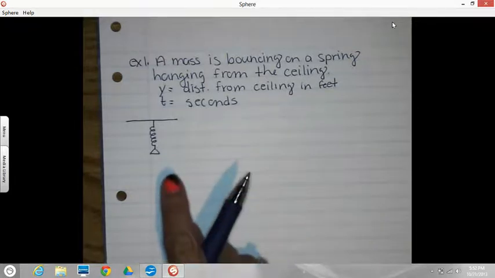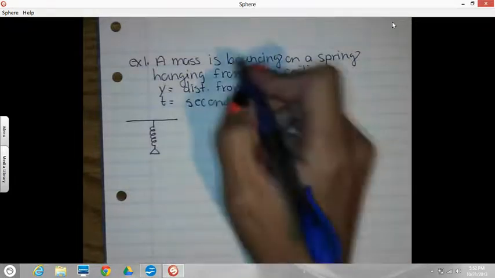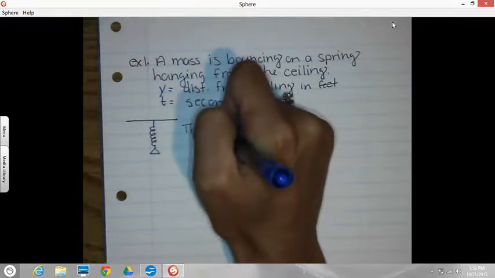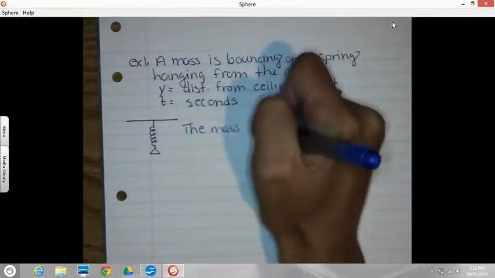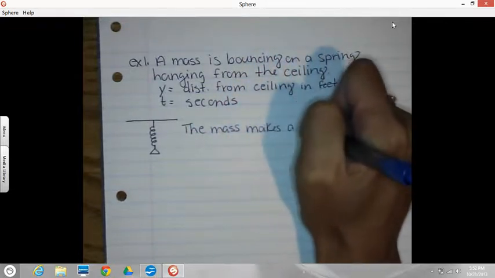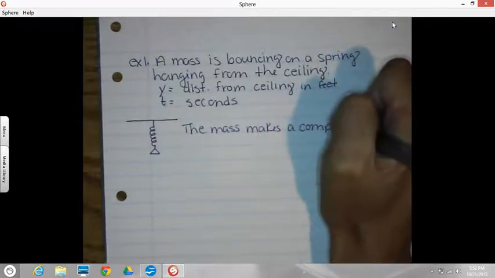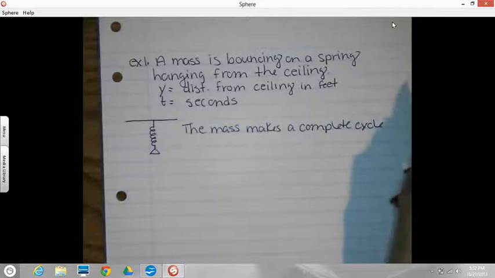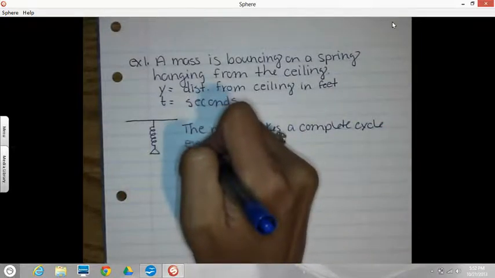So this is what we know. This particular mass makes a complete cycle every 1.6 seconds.